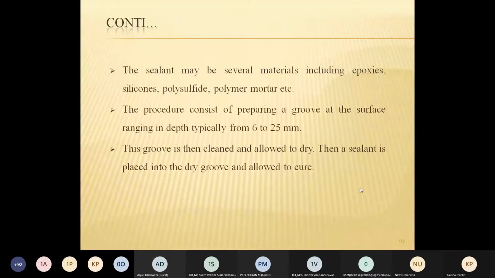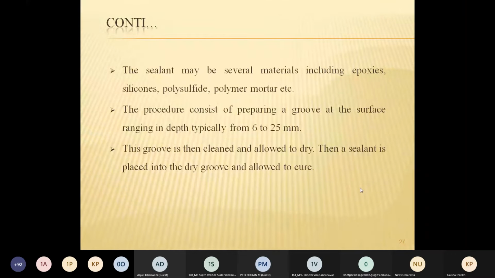Here the sealant may be several materials including epoxies, silicones, polysulfides, polymer mortar, or anything can be used. The basic procedure involves preparing a groove at the surface, typically ranging in depth from 6 to 25.